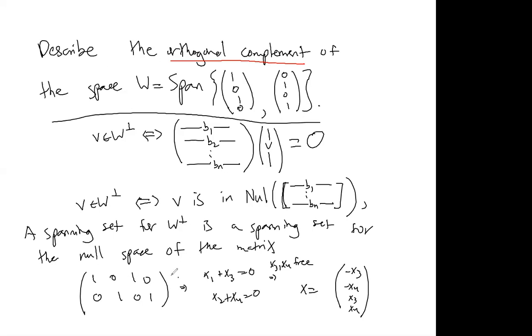In fact, we're going to find a basis for the null space, so we might as well replace these all with bases. Yeah, might as well make them linearly independent.